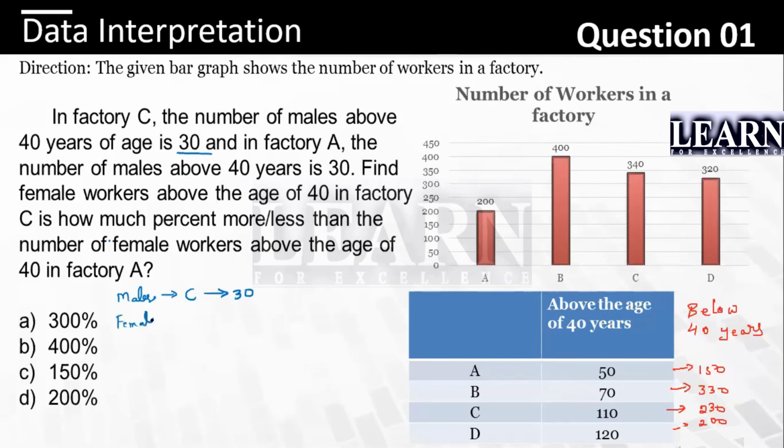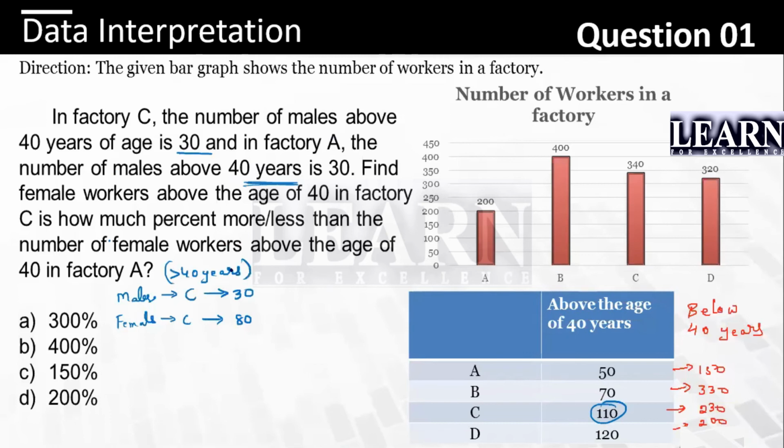If you know the males, that too above 40 years of age. Number of males above 40 years of age is 30. So if it is above 40 years of age, we have only 110 people. Then I can say females above 40 years of age will be 80. Both the conditions are for greater than 40 years.